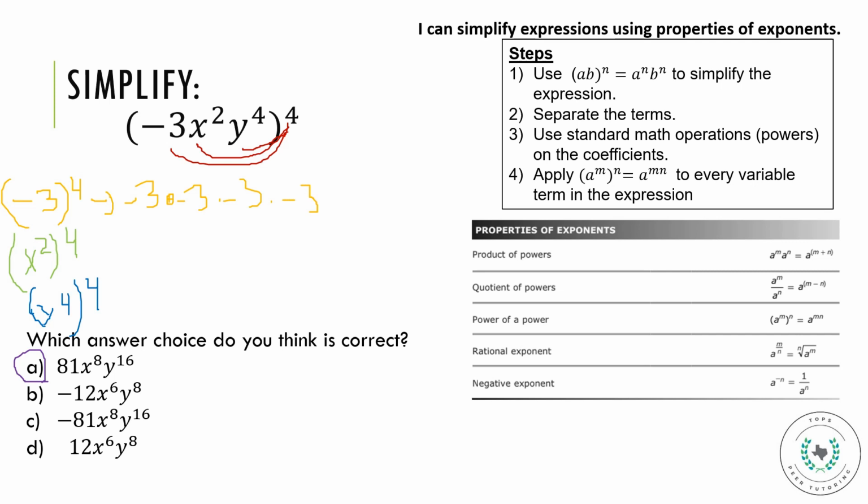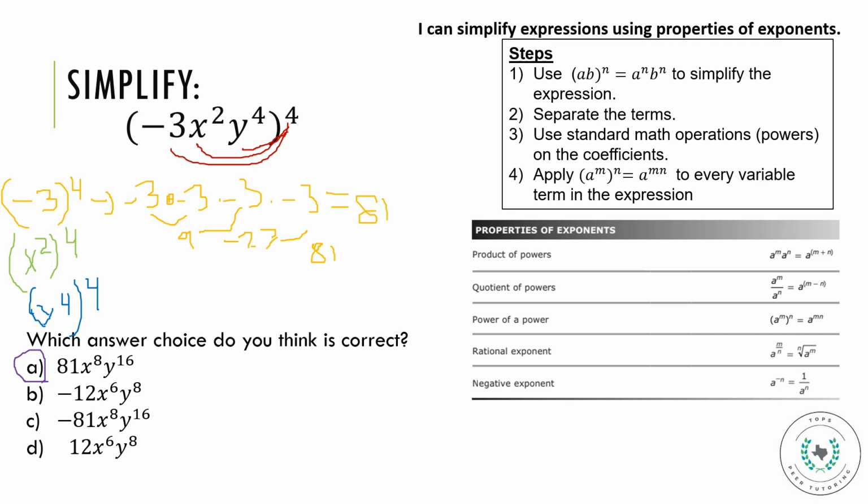If you do the math, -3 times -3 gives you 9. If you do 9 times -3, that gives you -27. And if you do -27 times -3, you're left with +81. So negative 3 to the power of 4 is 81.